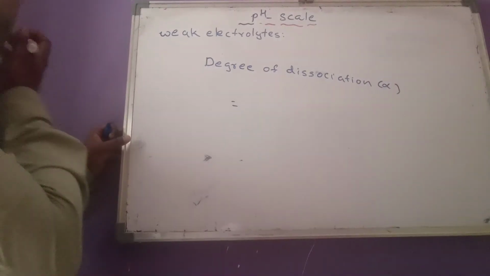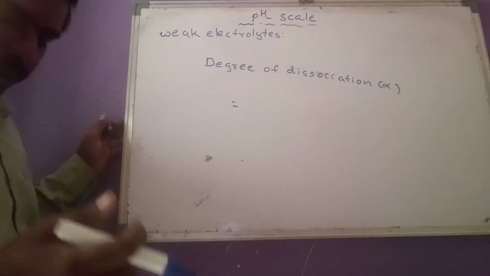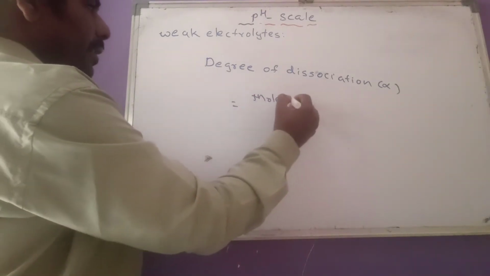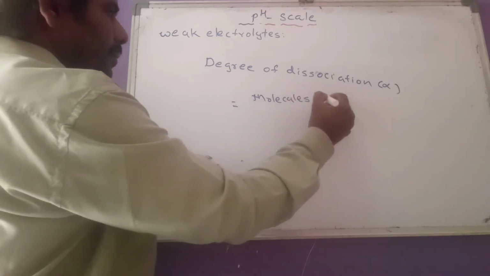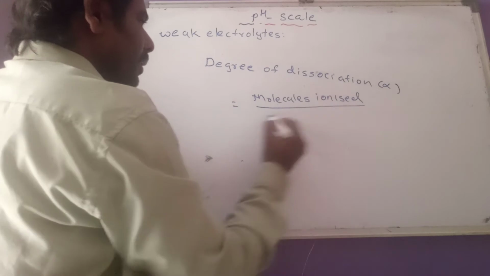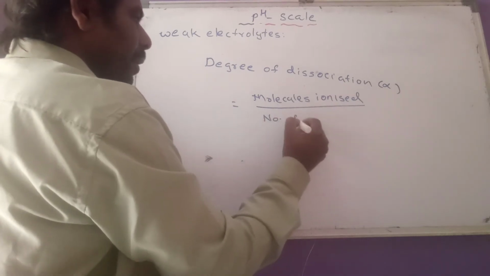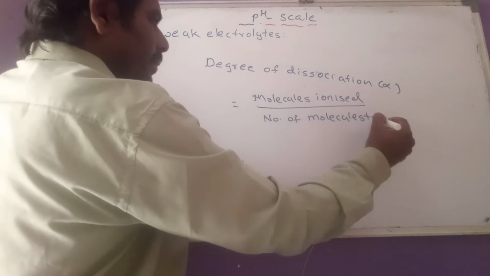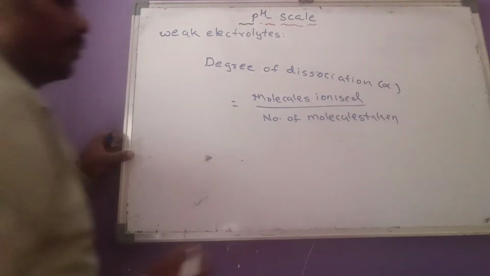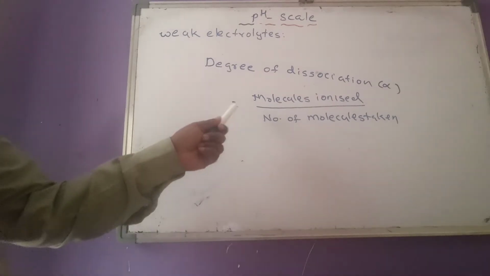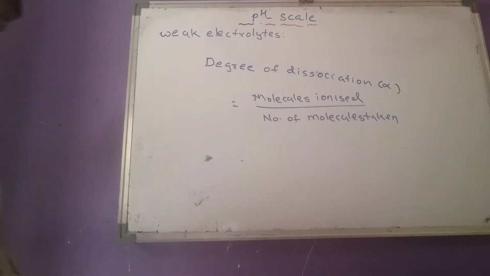What is the formula for degree of dissociation? Number of molecules ionized divided by number of molecules taken. So this is the formula for degree of dissociation.